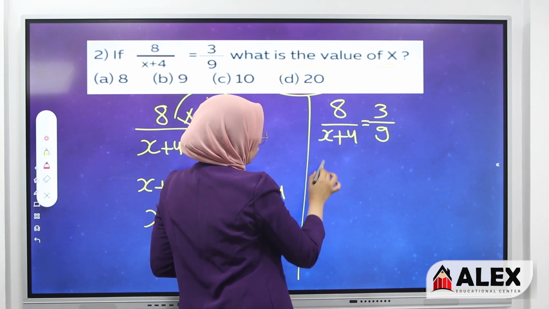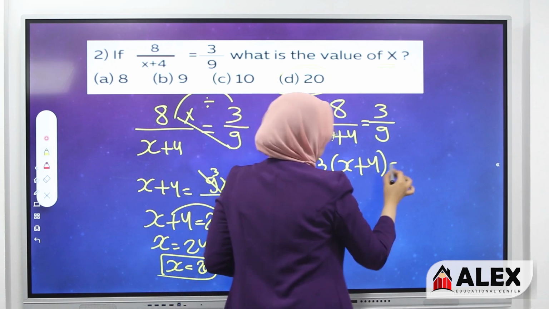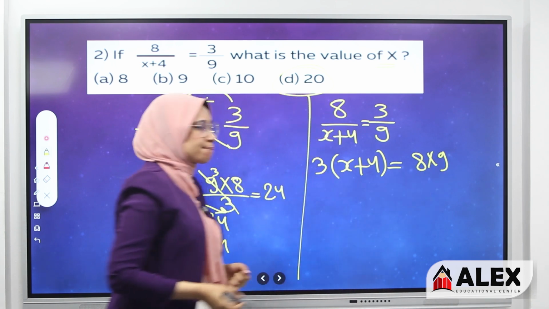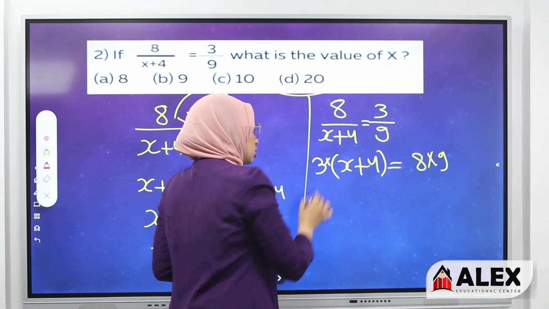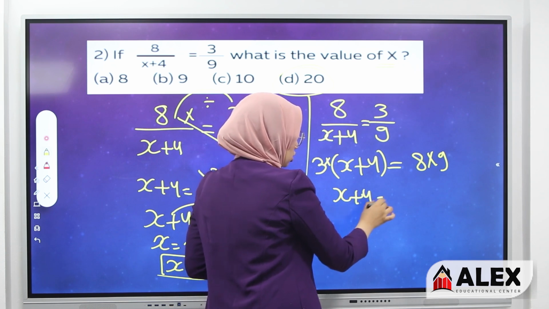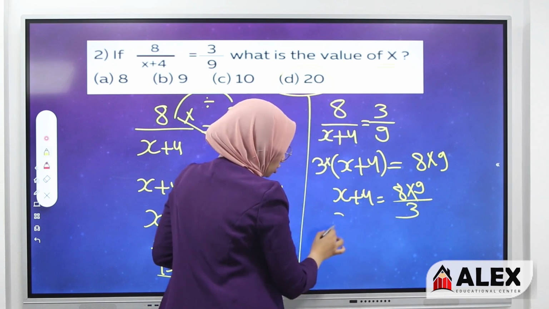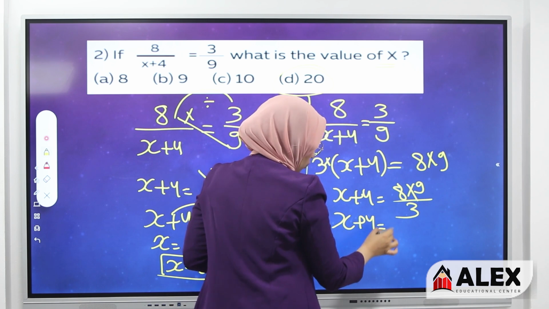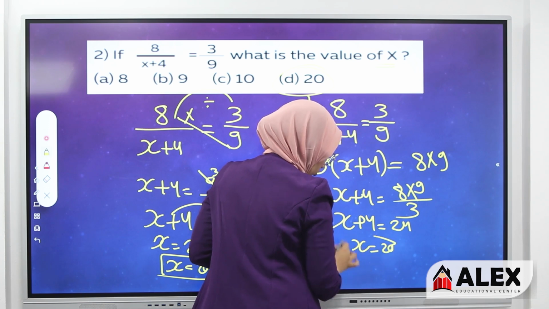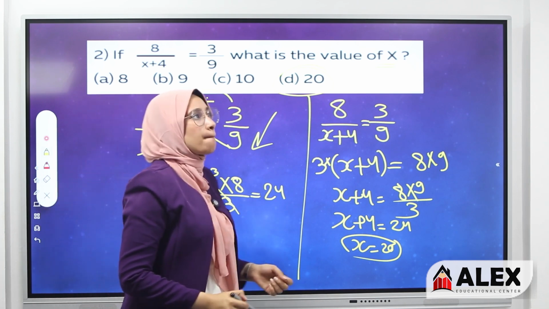That means 3 times x plus 4 equals 9 times 8. Then make the inverse operation: x plus 4 equals 8 times 9 divided by 3. Then x plus 4 equals what? 24. Then x equals 20. But this way is easier than this. Okay, the next one.